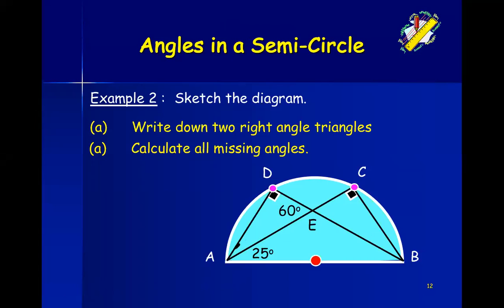That means this angle here would be 180. Hold on. Yeah, so I've got 60 and 90. So this angle here inside would be 180 take away 90 and 60. That would be 30 degrees here.